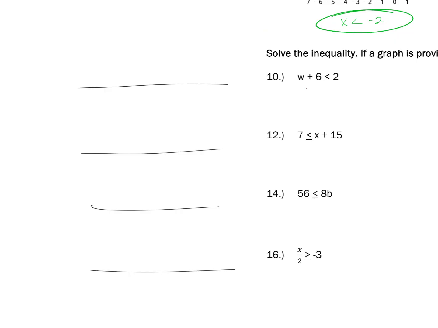And all right, -6. W is less than or equal to -4. There's 0, there's -4, filled in dot, all the numbers that are less than -4. You can kind of tell why I'm speed running these, because it's really not that big a deal, right?